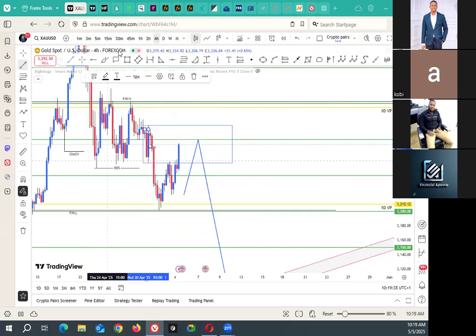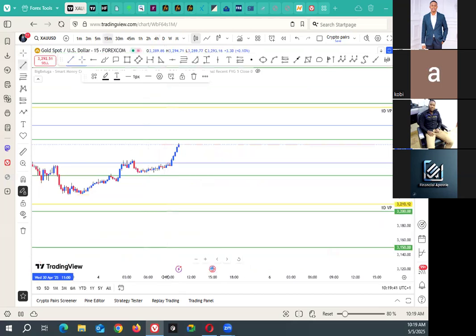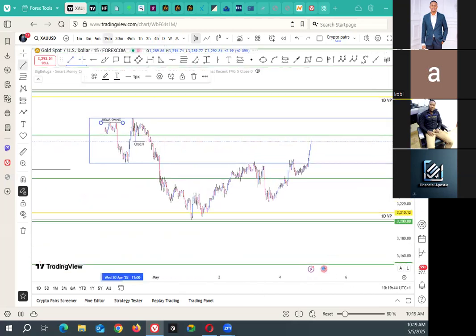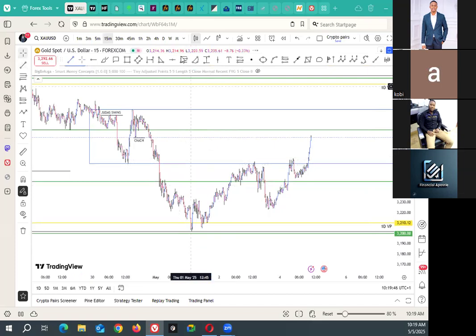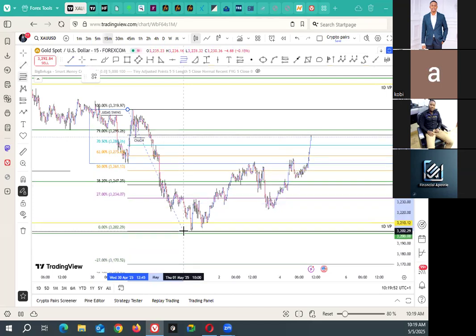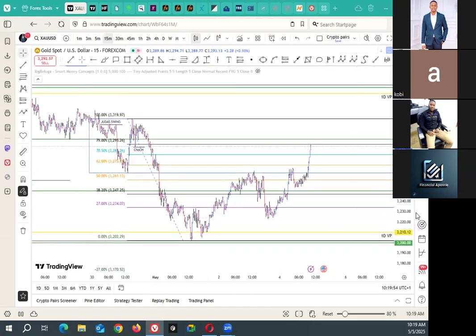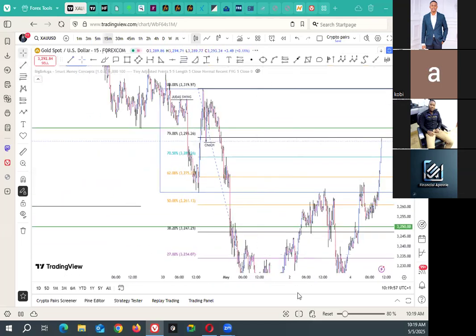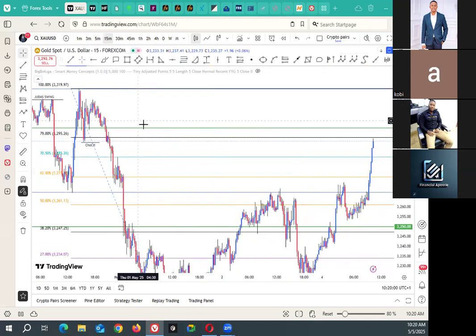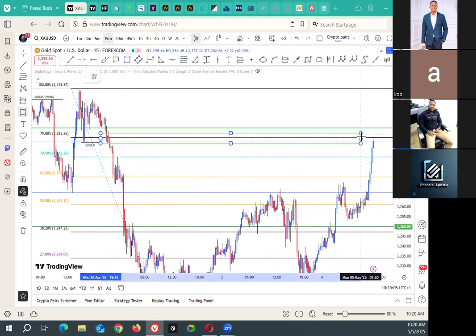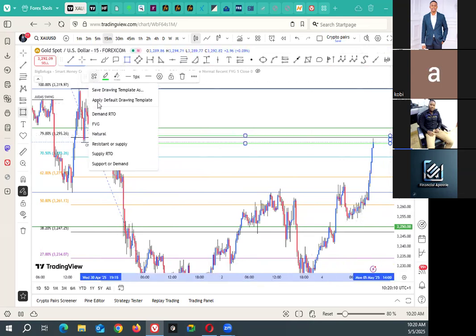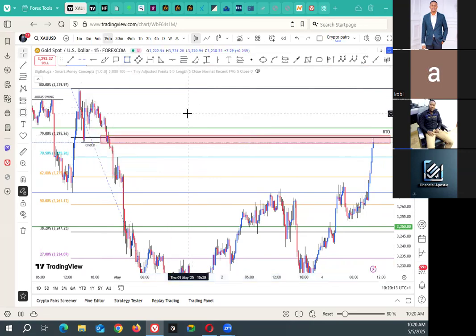Okay, so this 15 minutes time frame. So first, we have to spot. I see the market is currently at this supply zone, which aligns perfectly with the 79 Fibonacci retracement point.